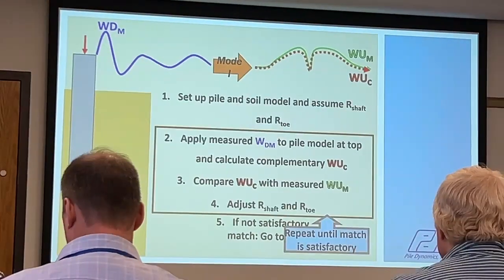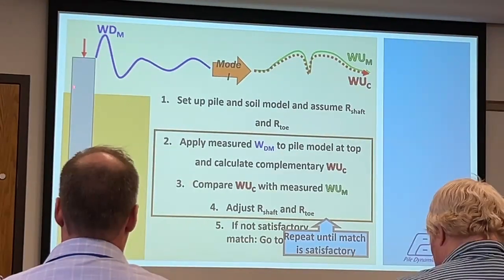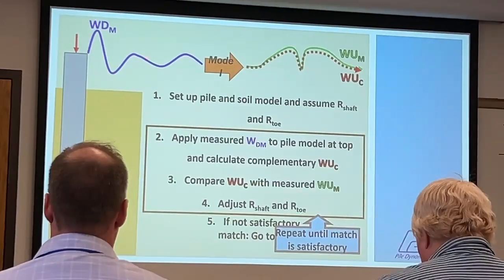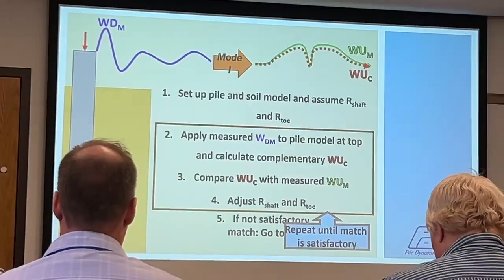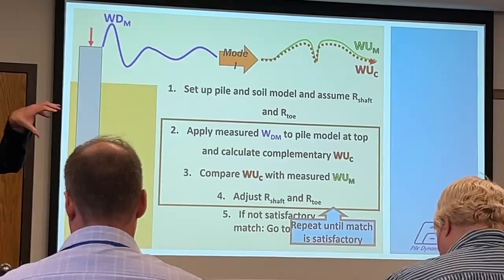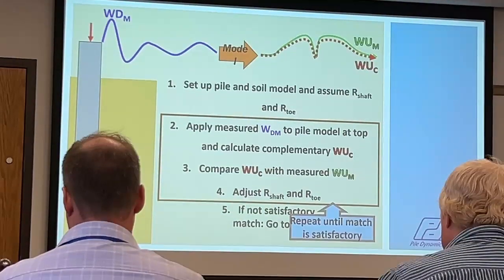And so the way that we work this, we set up a pile and soil model numerically in the CAT-WAP program. We apply the measured downward traveling wave. Remember, the downward traveling wave comes from the hammer. That's our input. That's our input load, effectively.